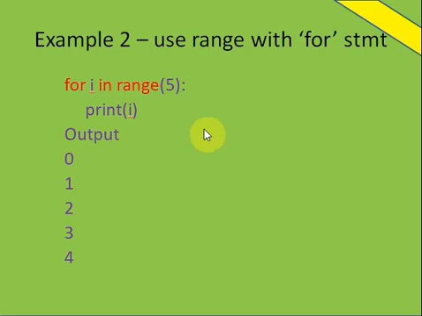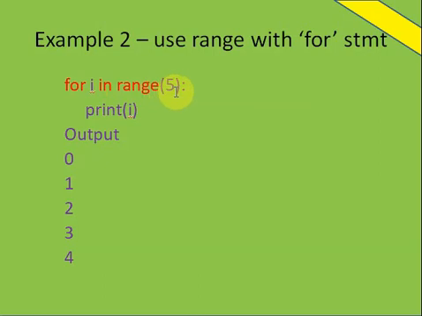For i in range(5): This is the for loop with the function range. In this statement, i is the variable, for and in are the keywords, and range is the function.